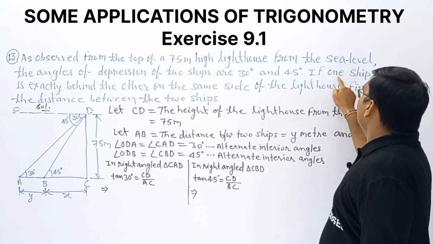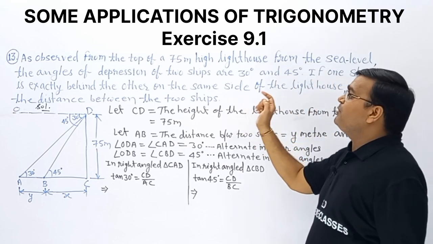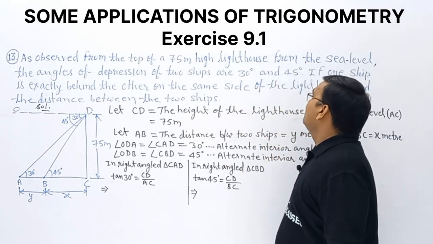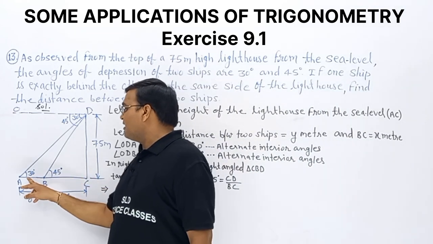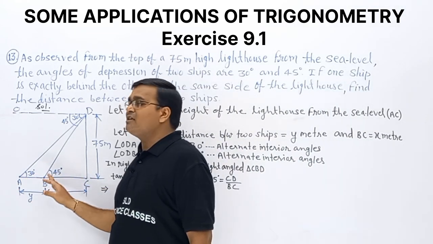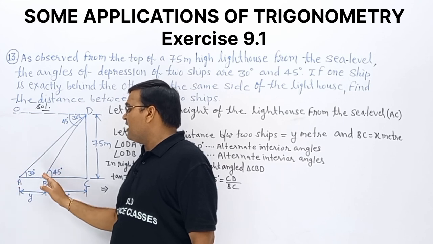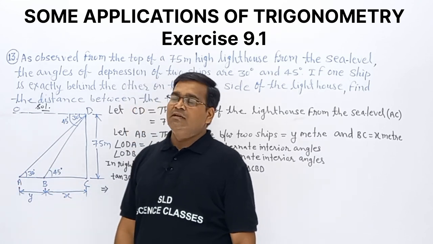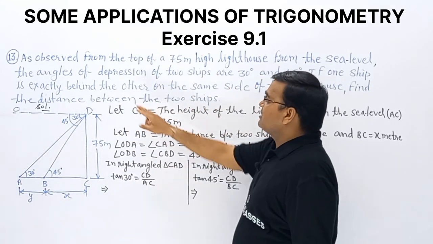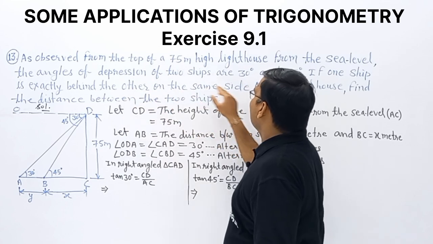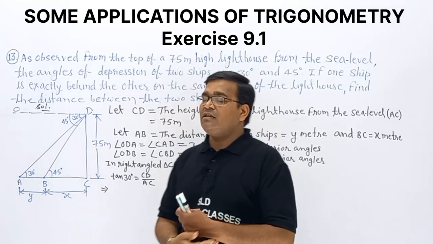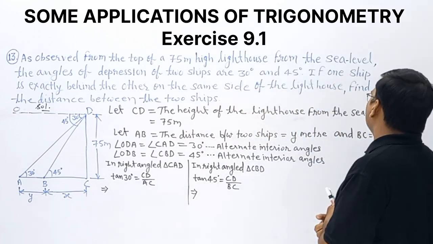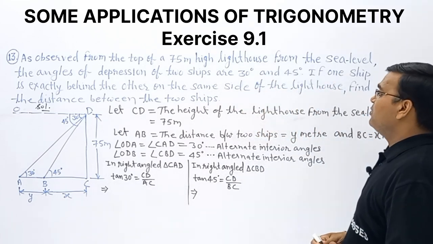Clear? It is given that one ship is exactly behind the other on the same side of the lighthouse. No problem. Find the distance between the two ships.